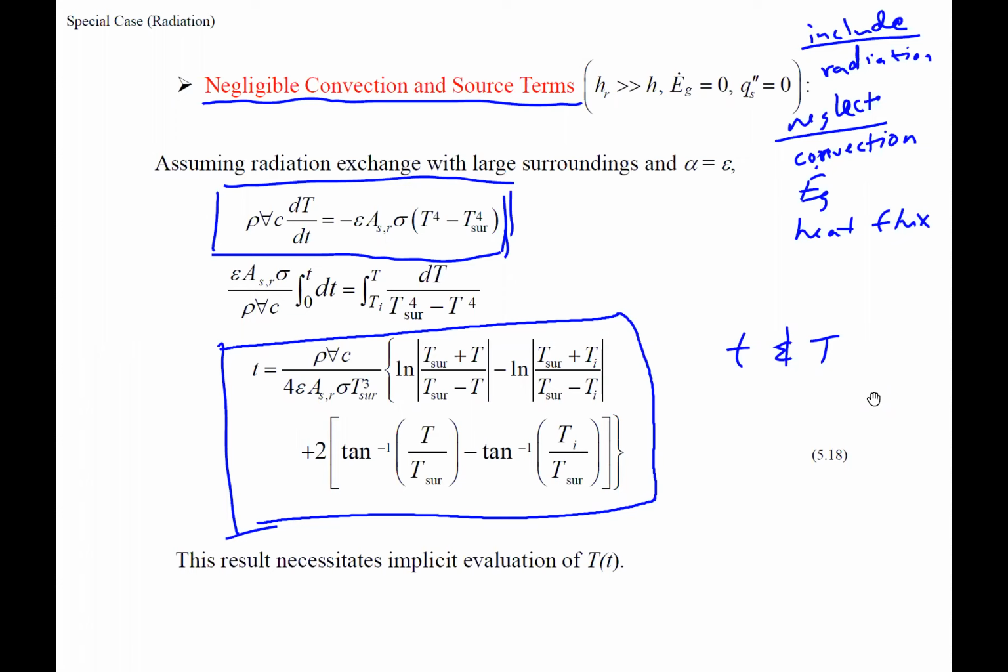If you have a temperature and want to know what time that occurred with pure radiation, you put your temperature in here, the surrounding and initial temperatures, and solve for time. If you had a time and wanted a temperature, this problem requires some iteration, where you guess, check, and iterate through.